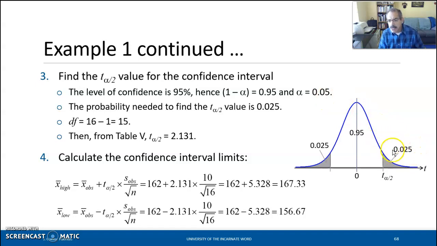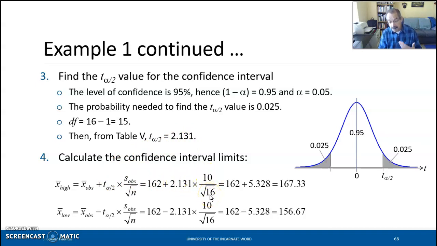We use this probability of 0.025 that comes from the confidence level, and the degrees of freedom, which is the sample size minus 1, in this case 15. With these degrees of freedom and this probability, we enter table 5, and then we find the t-value to be 2.131.